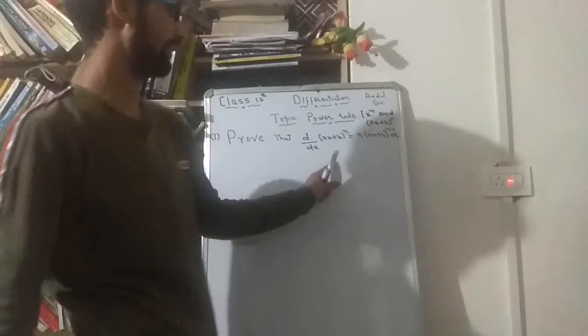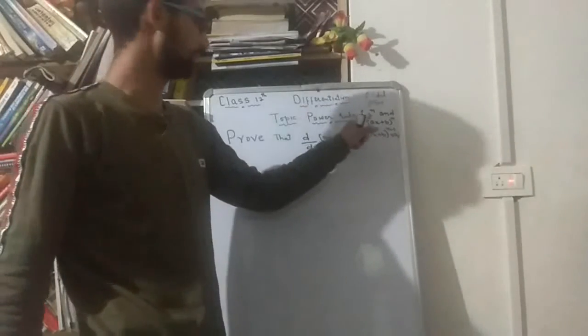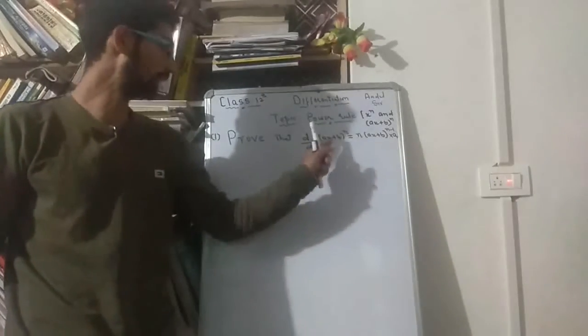This is actually the general result, and from this result you can make the first one, x raised to n, a corollary. You can derive that result from this result also. So we will solve this one.